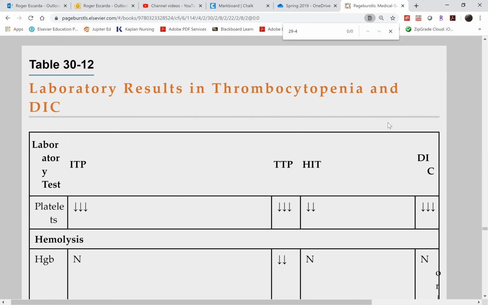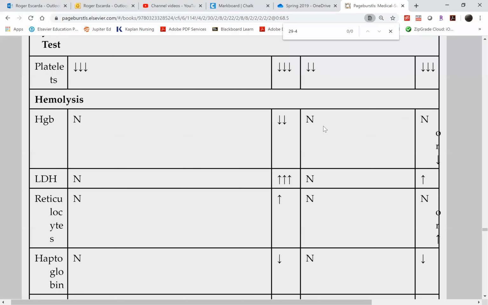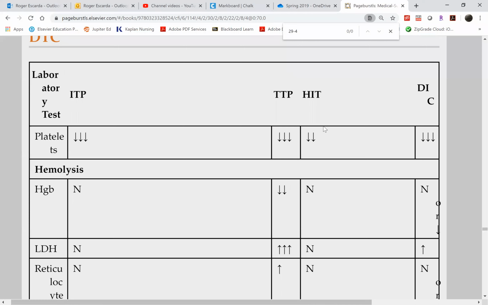Or if you want to memorize, you can skip that and just memorize table 30-12. But to make it easy, if you understand the clotting cascade, what happens, and what the ending step is, which is again clot lysis. As soon as a clot is formed, clot lysis begins.